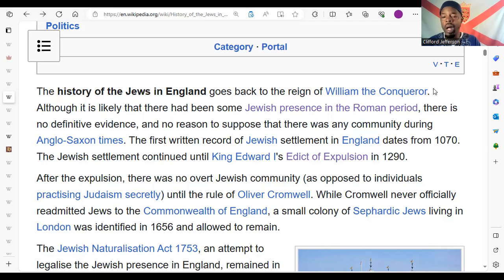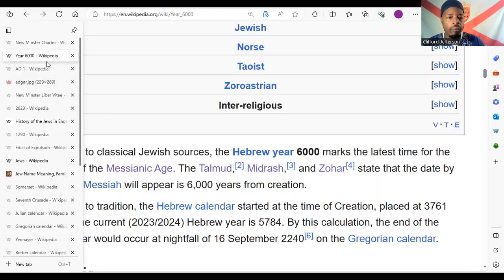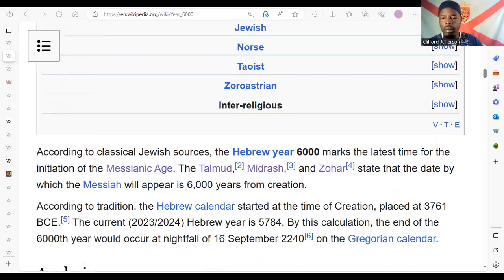All right. And we know that the Hebrew calendar says that, let's go back here, 6,000 years, under Gregorian year. It said, by this calculation, the end of the 6,000 years would occur at nightfall of the 16th September in the year 2240.